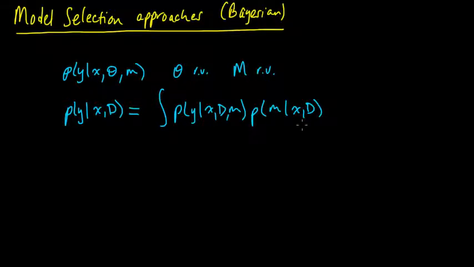Before I get to that, usually we assume x is some fixed non-random thing in this type of setup. X is just the value that we want to predict y for. So this is just the probability of the model given the data, integrating with respect to m.